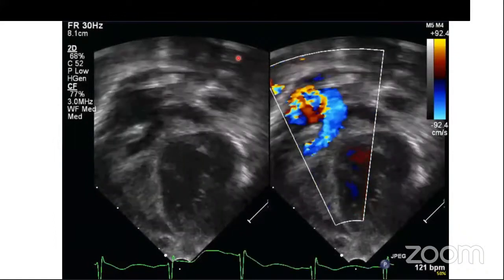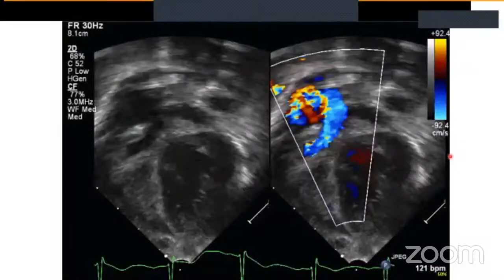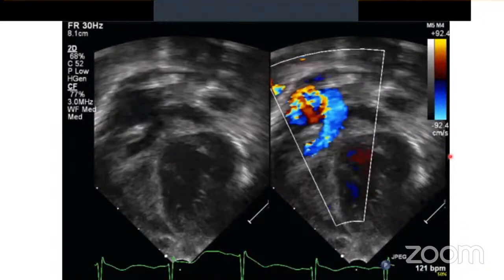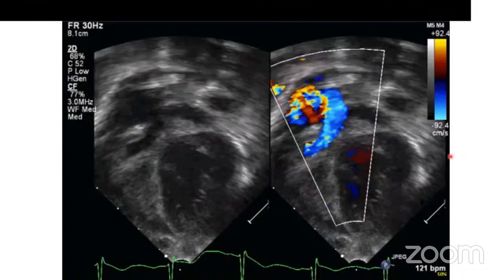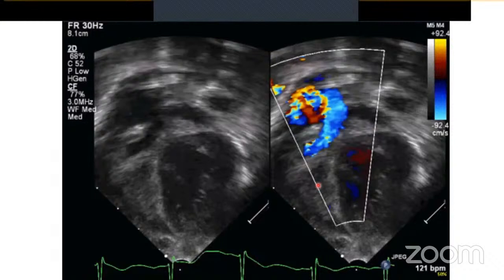All right, flip back to optimize for video here. Okay, so again, I've pulled up some echo images of aortic regurgitation. Sorry, everyone, my computer just froze. Just give it a second here.